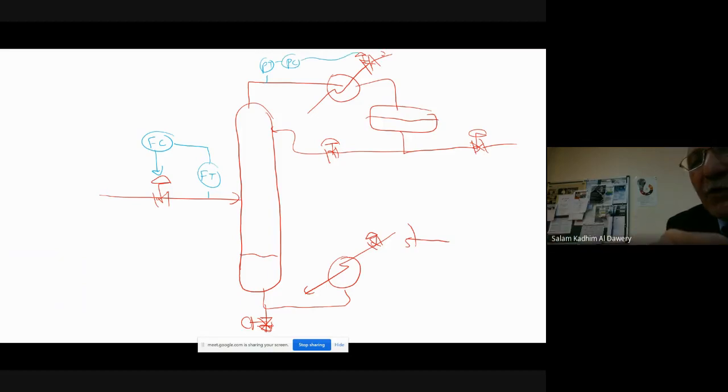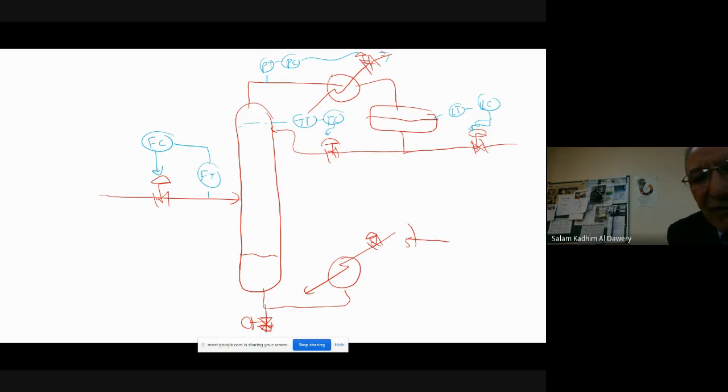We control the flow of cooling media. Here we have a level transmitter for the drum, level control, and that signal comes to the valve. Here we can measure the temperature of the top tray, temperature transmitter, temperature control, and control the reflux ratio.